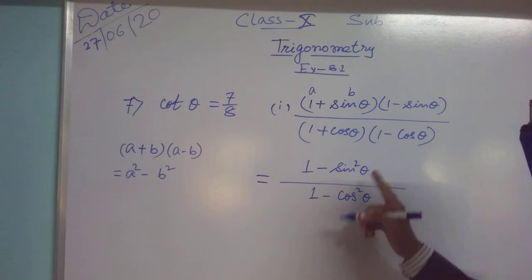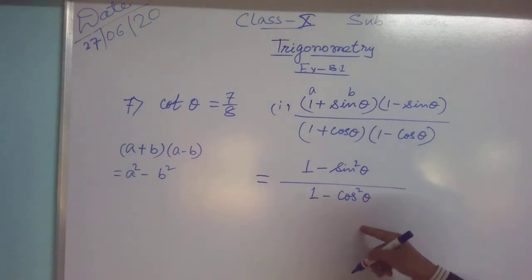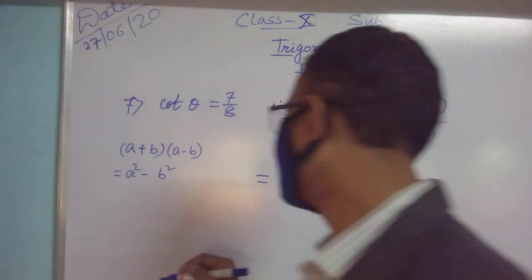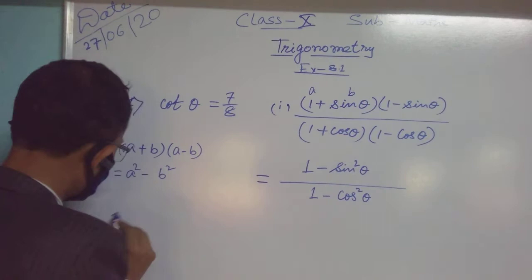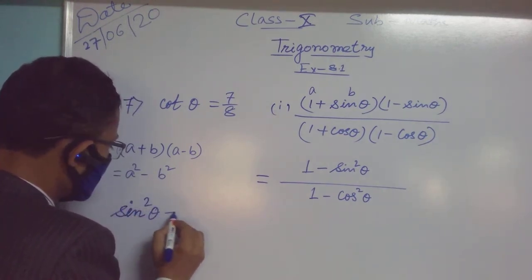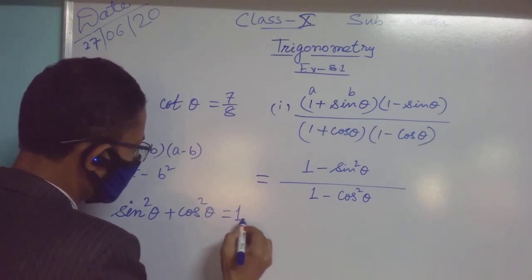Now can you remember something? Is it a very common identity? If you don't remember, then let me remind you that we have an identity which says sine square theta plus cos square theta is equal to 1.